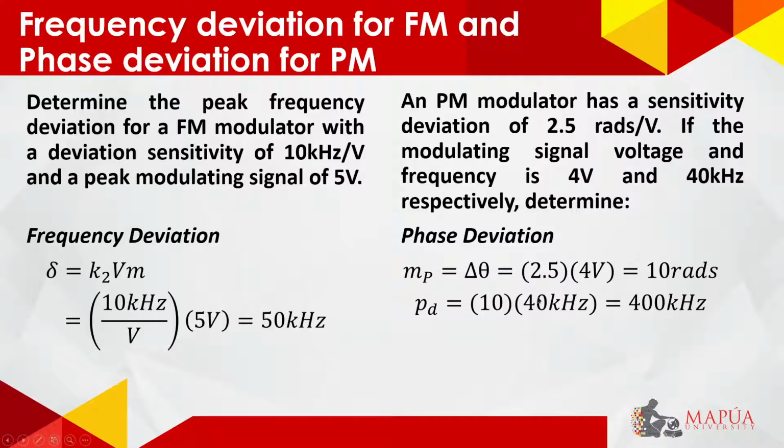Same as the first problem we had on the last slide, we got the modulation index of 10 rads for PM, and using that we multiply it by the frequency of 40 kHz, giving 400 kHz.